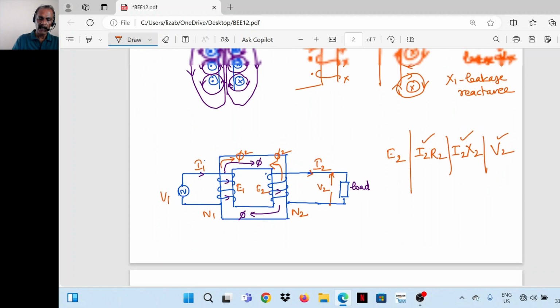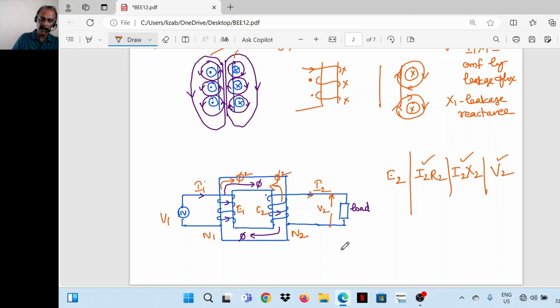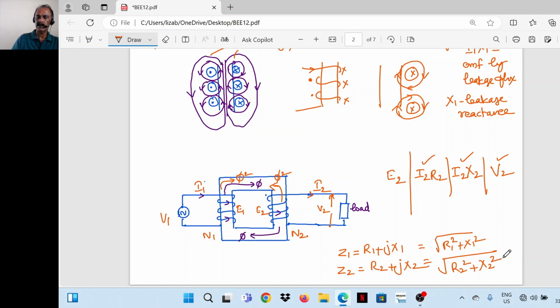So on the primary as well as the secondary side, the primary Z1 is called the leakage impedance, R1 plus jX1. The secondary circuit total impedance Z2 is equal to R2 plus jX2. In magnitude, Z1 is the square root of R1 squared plus X1 squared, and here the magnitude of Z2 is the square root of R2 squared plus X2 squared.